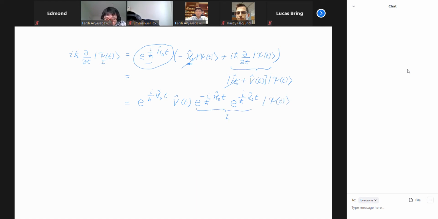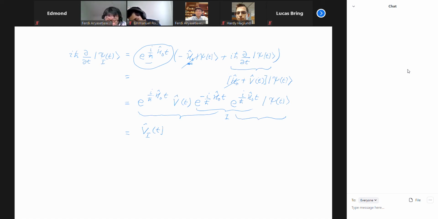Now we can use the definition of the operator in the interaction picture, so I put label I, and this one here is the definition of the interaction state.